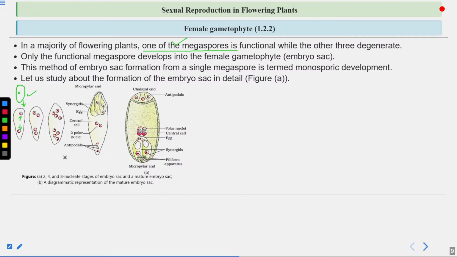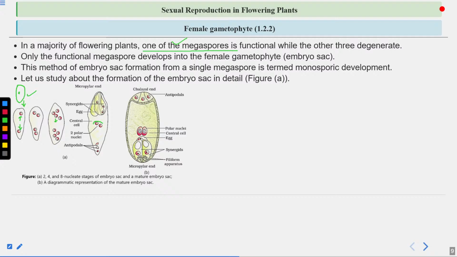Now it divides a third time and forms 8 nuclei, 4 towards each pole. From each pole, one nucleus moves to the center. One nucleus from the micropylar end moves toward the center, and one from the chalazal end moves toward the center.